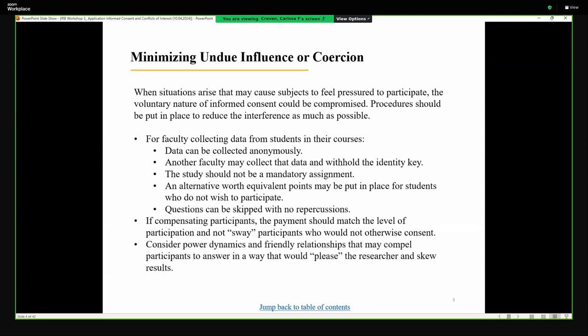And then sometimes power dynamics or even friendly relationships could come into play and impact the accuracy of responses because they do feel that they need to please their friend or their mentor or their supervisor. So making sure we're finding ways to reduce that is important to the informed consent process.